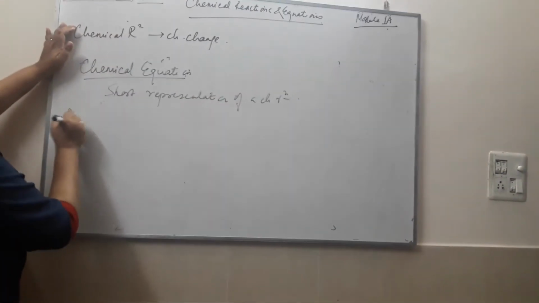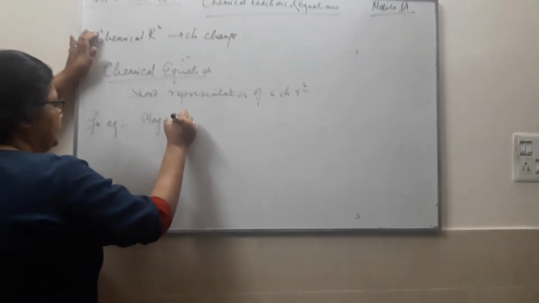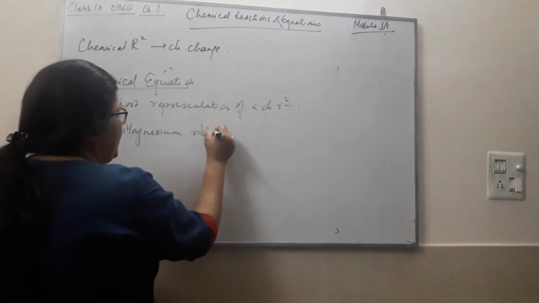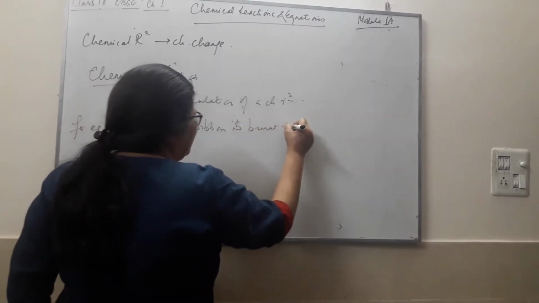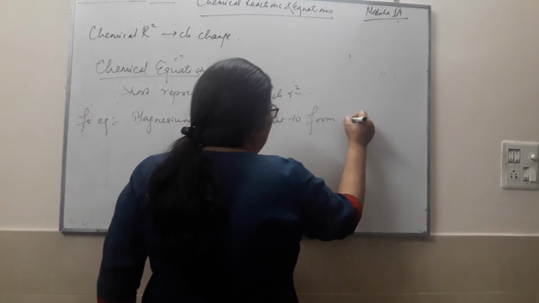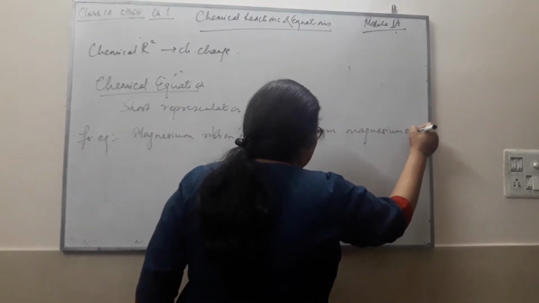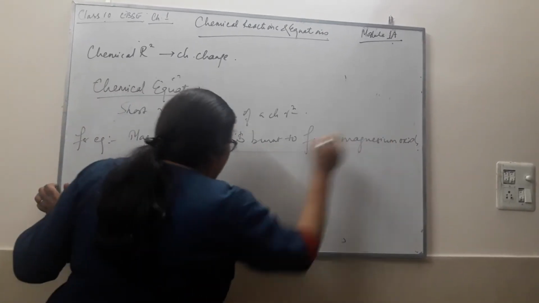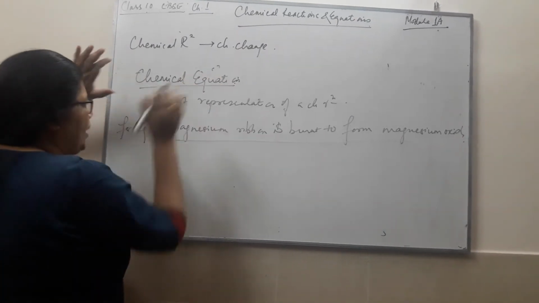For example, if I burn magnesium ribbon to form magnesium oxide, this is a chemical change written in short form. First we should know the parts of the chemical equation.